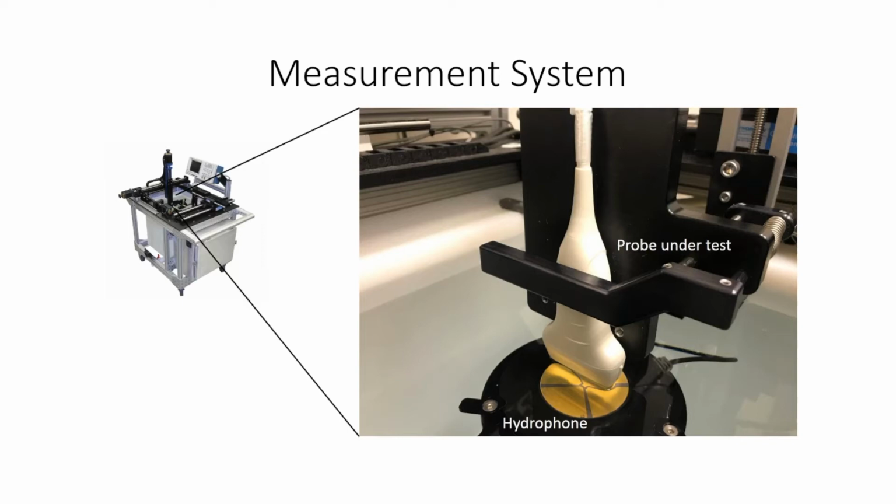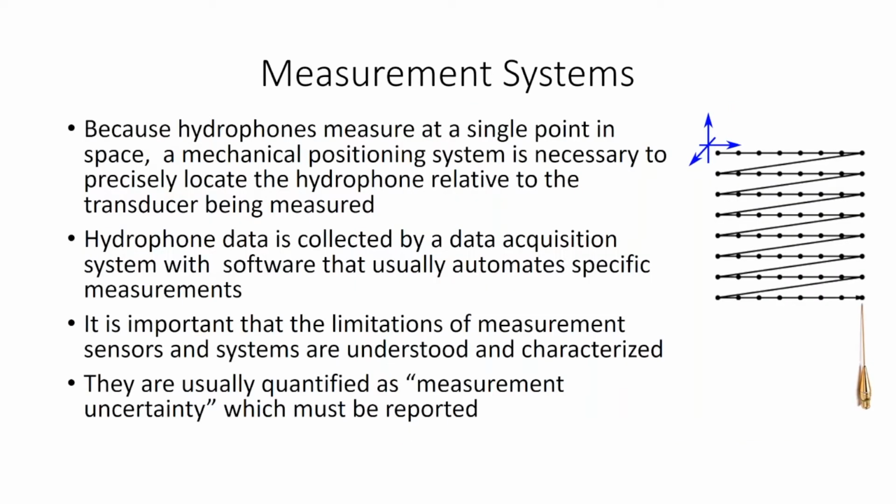As I mentioned, because the beams that are measured can often be less than 1 millimeter in diameter, it is very important to have precise control of positioning to make accurate measurements. And that repeatability is an important factor in making measurements.